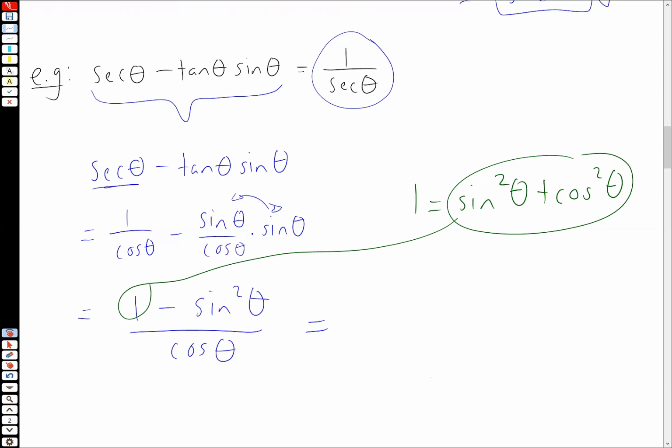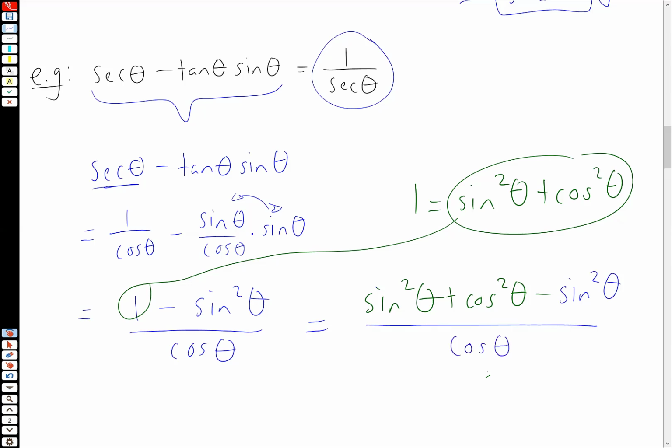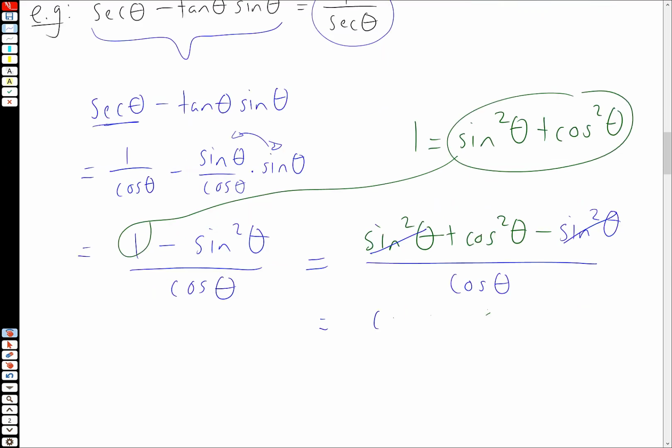Okay, so this will be sine squared theta plus cosine squared theta, minus sine squared theta, over cosine of theta. Notice the sines cancel out, and we have cosine squared theta over cosine of theta. Okay, and we can cancel out one of these. And so we get cosine of theta.